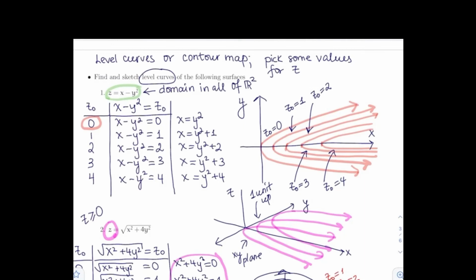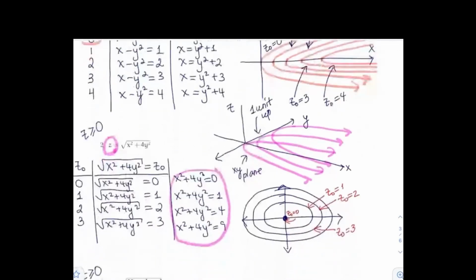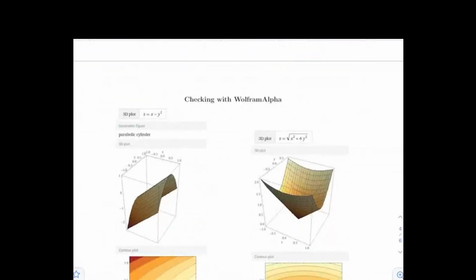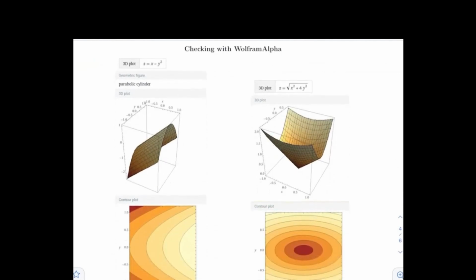Okay, something simple as a parabola or a circle, an ellipse, something that you're very familiar with, and then we can sketch them, label them carefully, and then if you're working on a homework or a quiz, feel free to check your work with Wolfram Alpha. It's definitely a very useful tool to use.